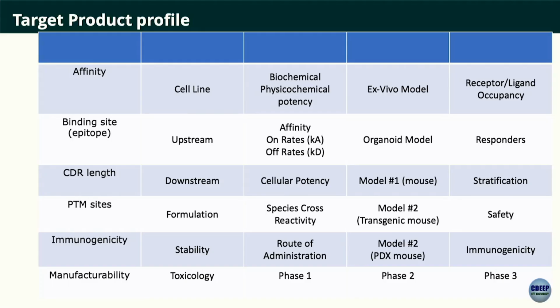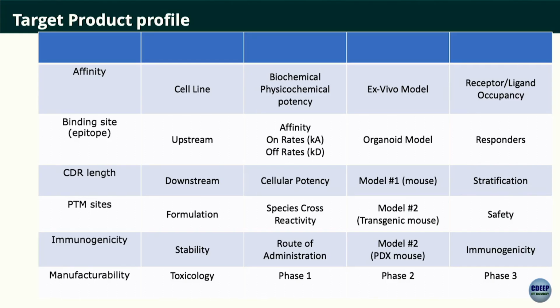PTM is post translation modification, like phosphorylation, amidation, all these are PTMs. What kind of immunogenic response it can cause, right? Immunogenicity is extremely important. What kind of immunogenic response it can cause or it will not cause. ना करे तो अच्छा है, करेगा तो फिर कैसे रिस्क मैनेजमेंट करना है, that one has to look at.